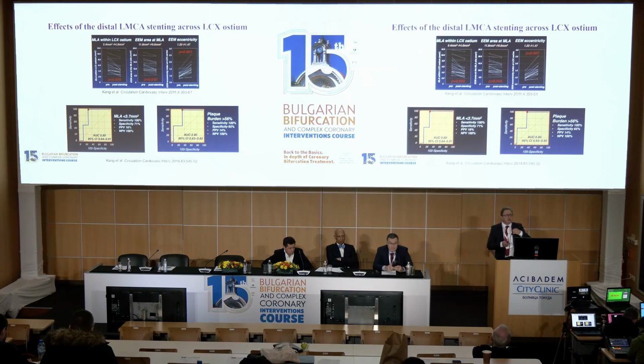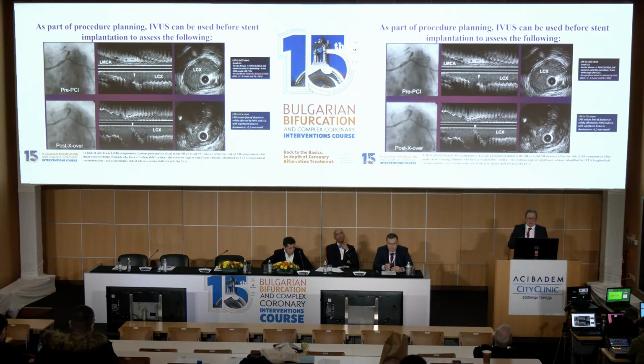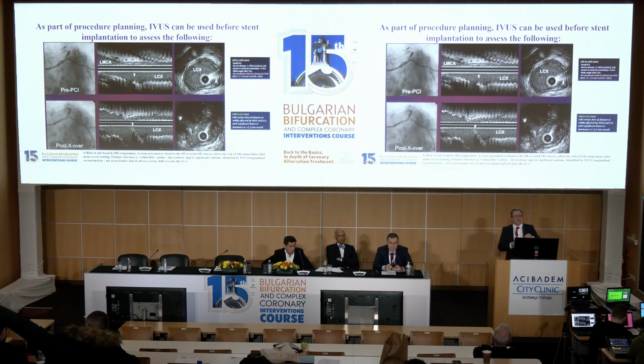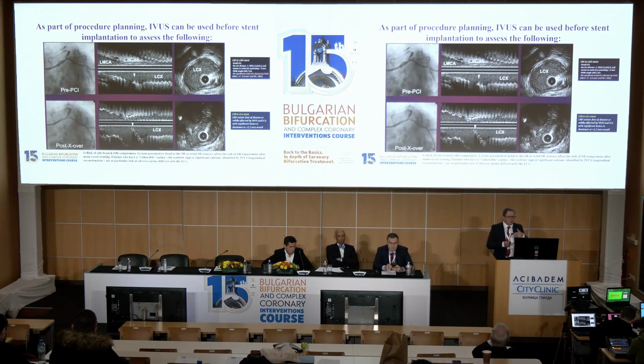Then we can use this information in deciding whether a one or two stent technique for left main stenting should be chosen. This is very important. So, as I already mentioned, the most important thing for left main treatment is pre-procedural measurements, with both pullbacks, one from the LAD, one from the circumflex artery, showing all of the crucial parts of the left main.